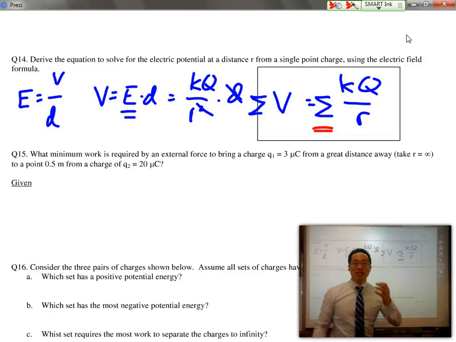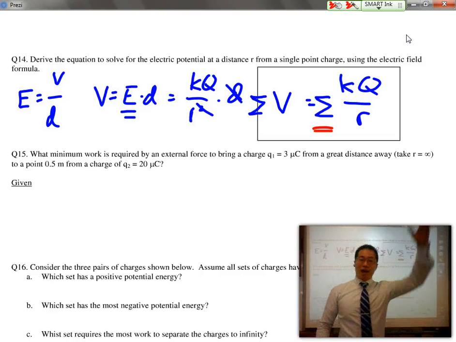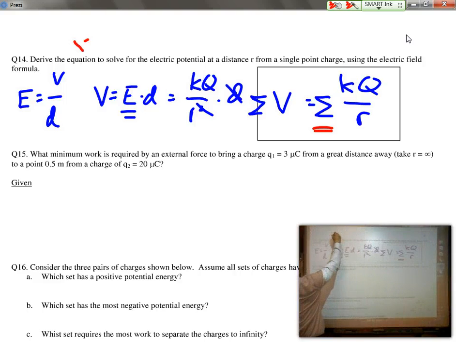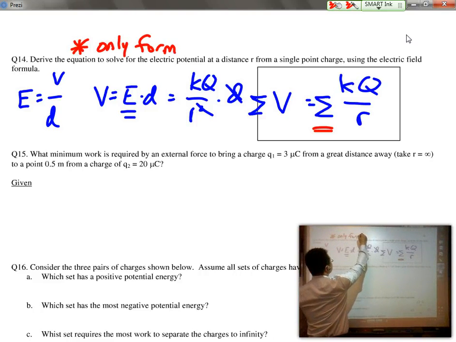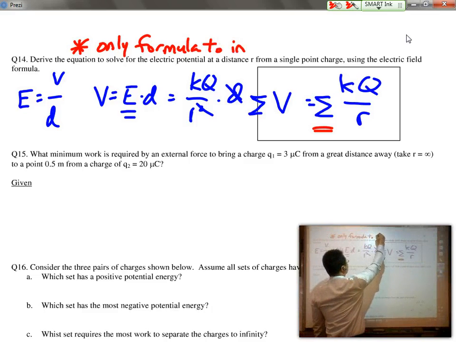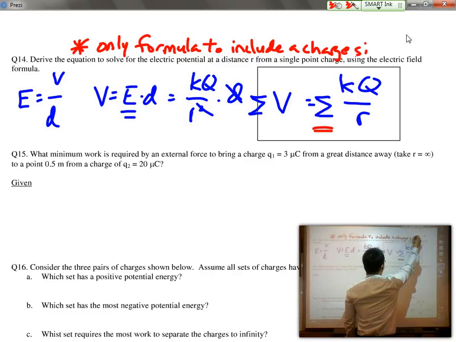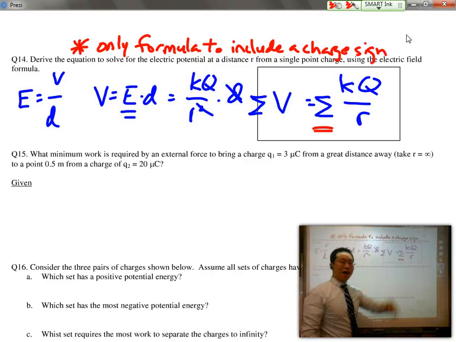And because this is a scalar quantity, one simply makes it higher, one makes it lower. The most important thing to remember about this formula is that we include the charge sign. So this is the only formula to include a charge sign, because that charge sign literally tells us if it's high or it's low.